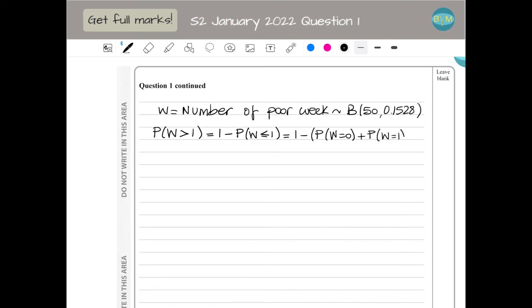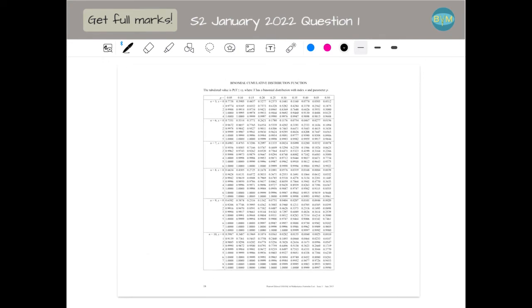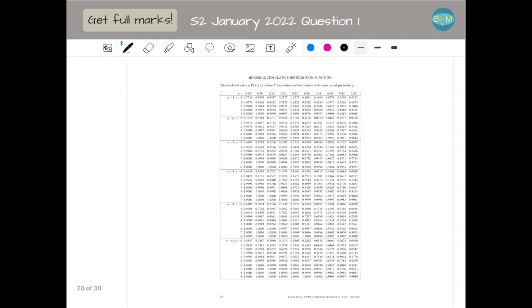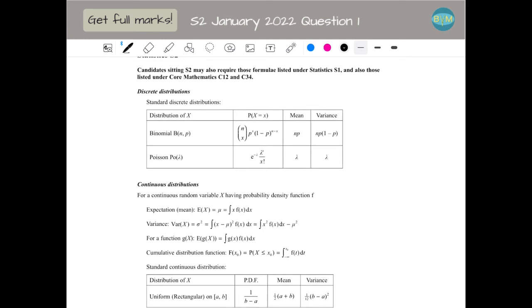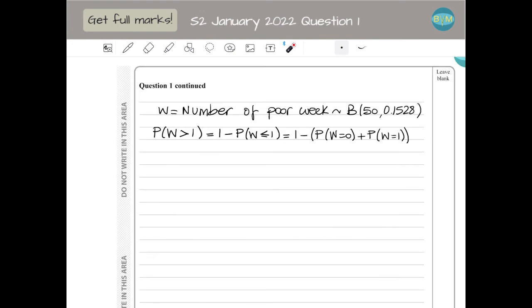So we are going to do them both, and the binomial probability distribution formula is this one here. So you have it in the formula booklet. So we are going to do n over x, p to the x, 1 minus p to the n minus x. So let me show you.